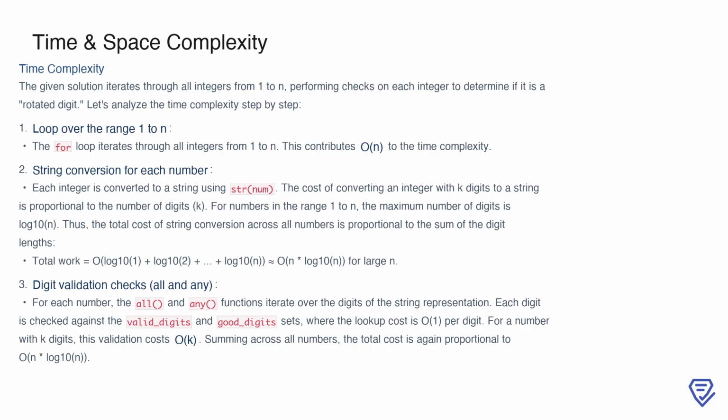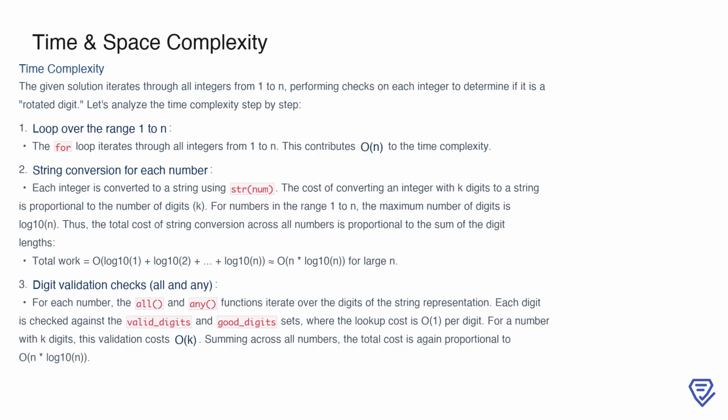The time complexity of the solution can be broken down into several steps. First, we have a loop that iterates over all integers from 1 to n. This contributes n to the time complexity, as we are explicitly processing every number in the range. Next, for each number, we convert it to a string using the str function.